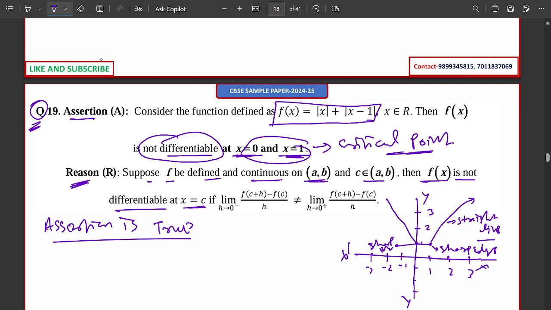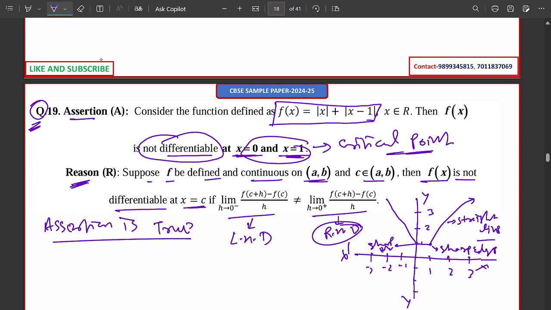So this is the LHD and this is the RHD, left hand derivative and right hand derivative.